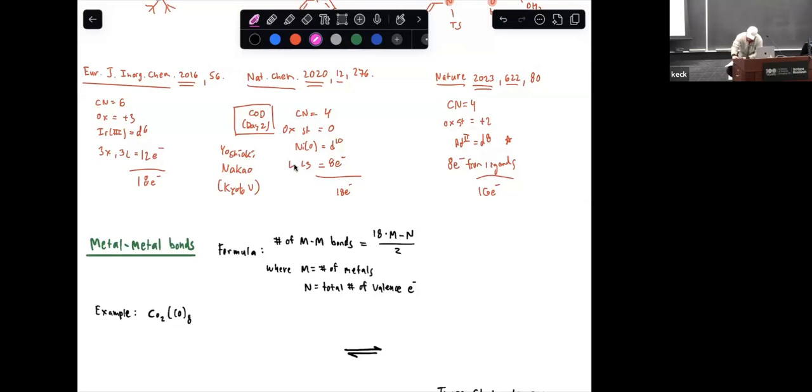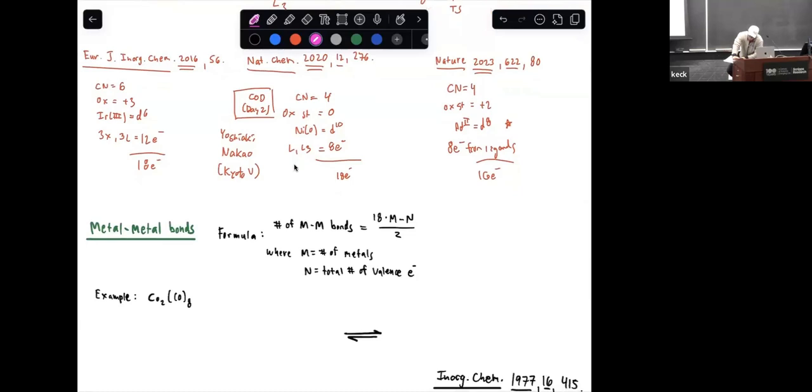There's a formula for allowing you to predict the number of metal-metal bonds from a given molecular formula. Essentially, it's predicated on the 18 electron rule, the 18 electron empirical trend. It assumes 18 electrons per metal, so M is the number of metals.